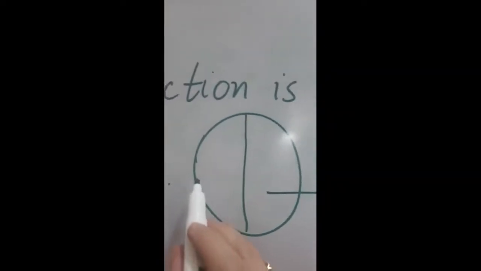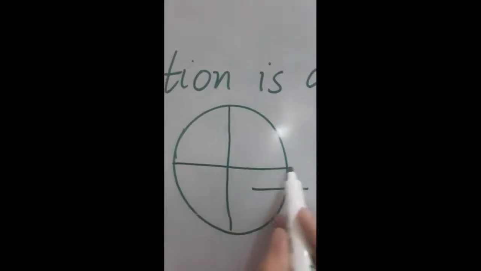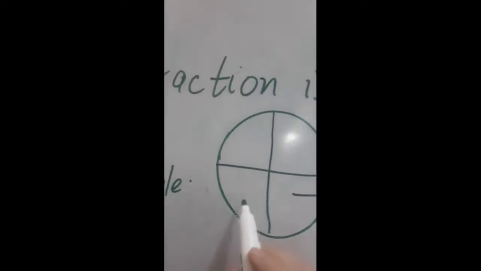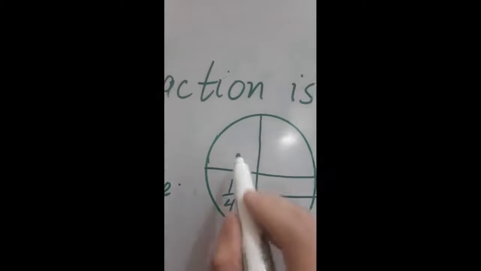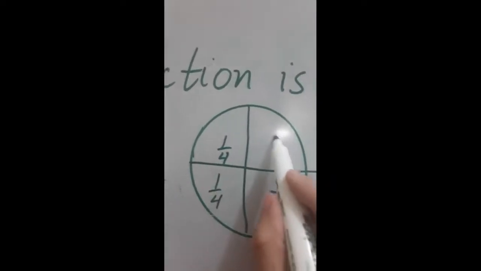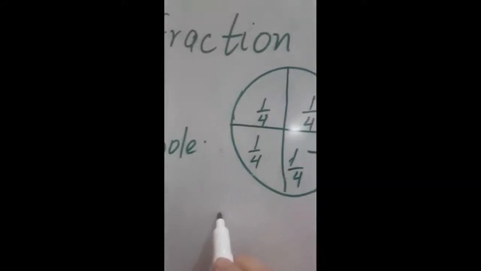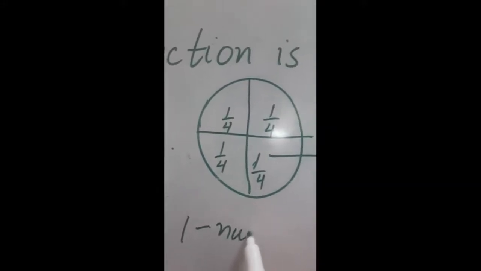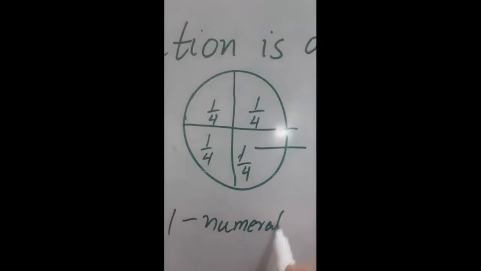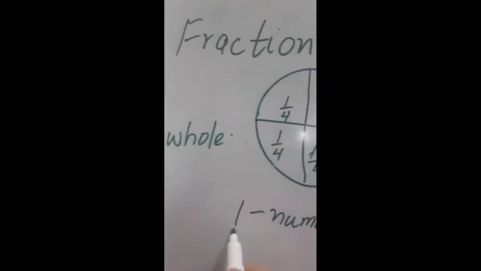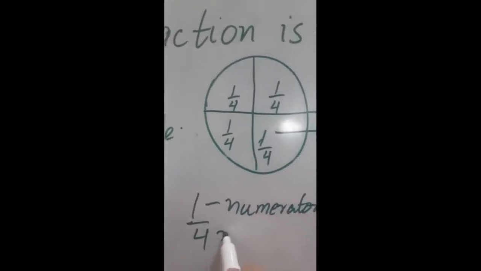Fine. If I divide it into 4 equal parts, then each part is 1 out of 4. So 1 is the numerator here and the 4 is the denominator.